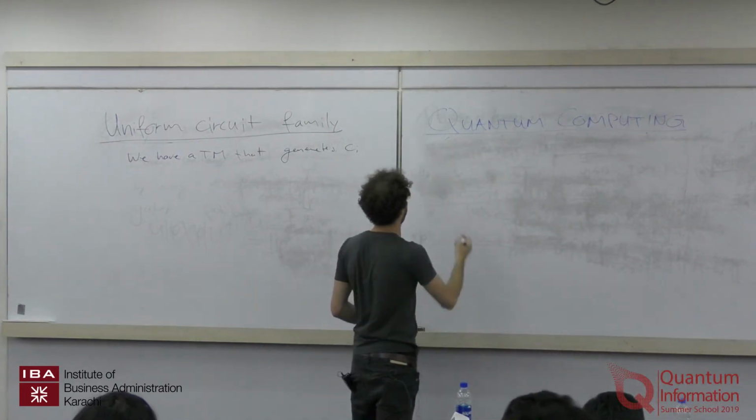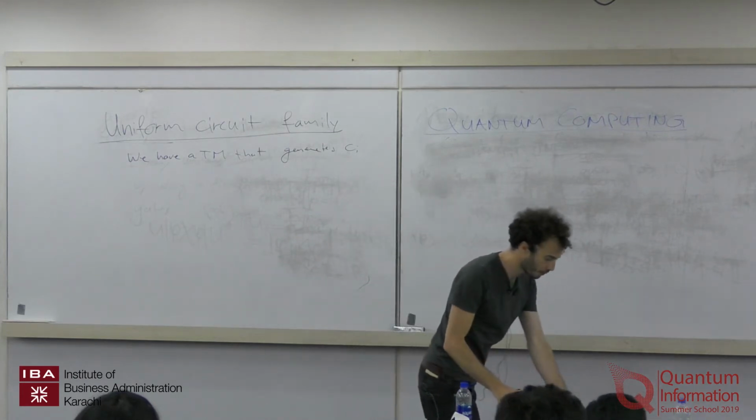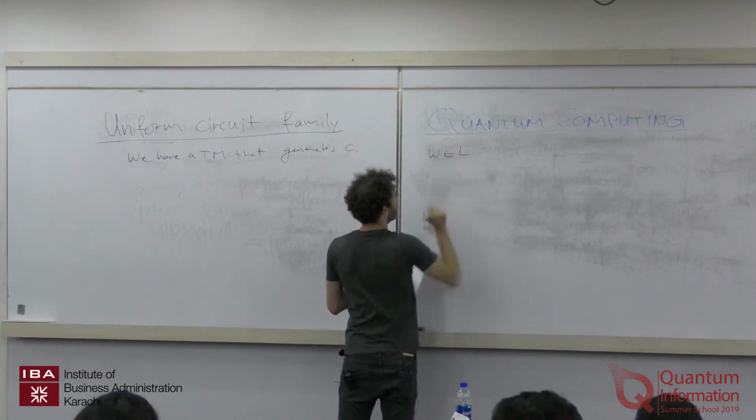So the idea is, let's say we want to solve decision problems, as we did also this morning. And we want to answer whether some word is in a language.